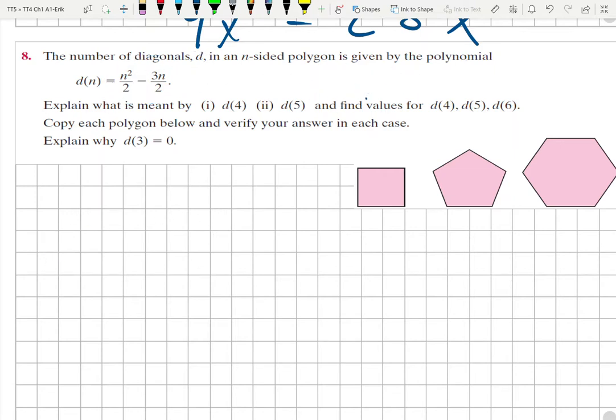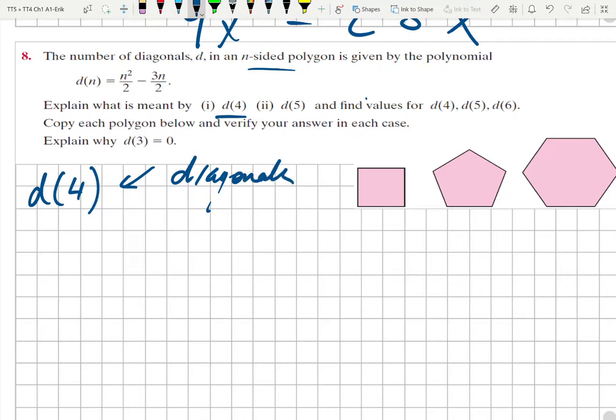Explain what is meant by the number of diagonals. So D4 means the number of diagonals in a polygon. It doesn't really say it's a square, because it's a quadrilateral. The number of diagonals in a quadrilateral.